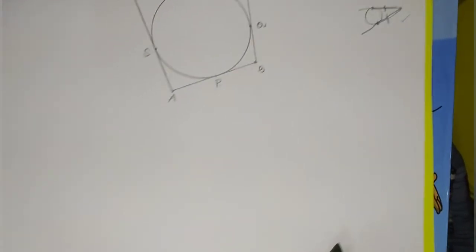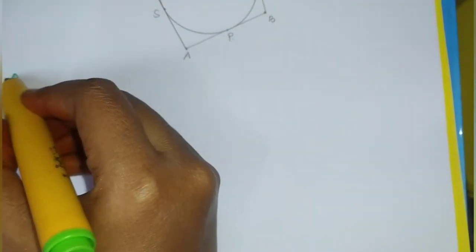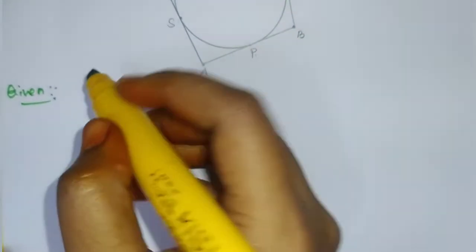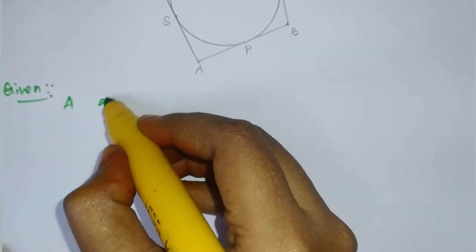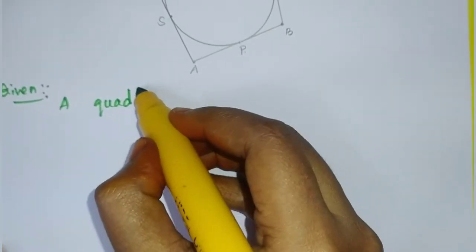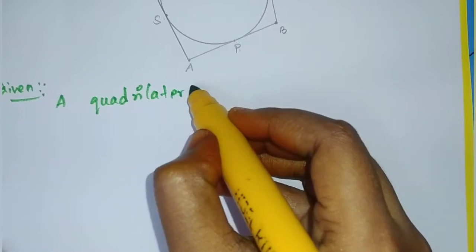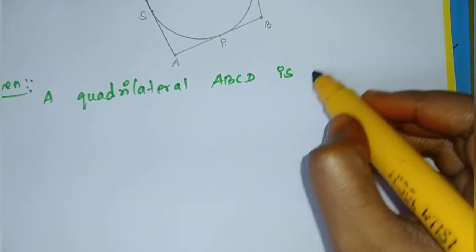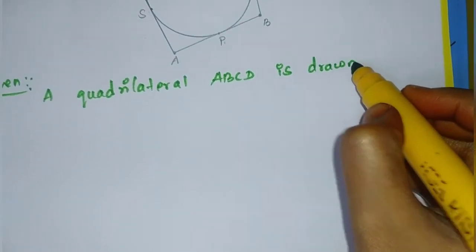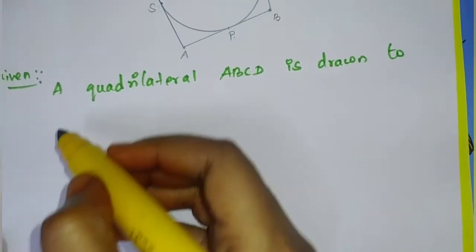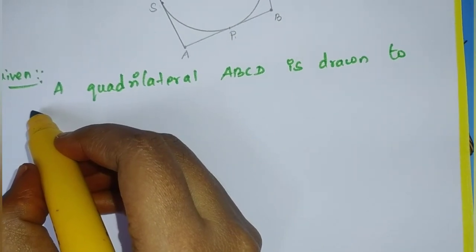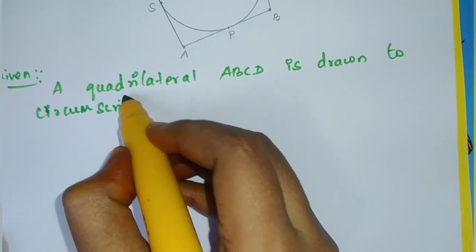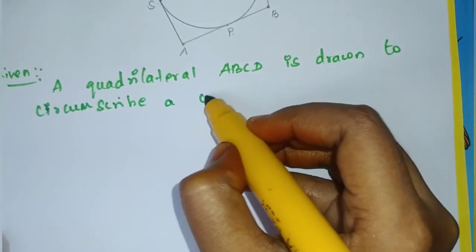Clear, children? Before that you have to write the given. Given: quadrilateral ABCD is drawn to circumscribe a circle.